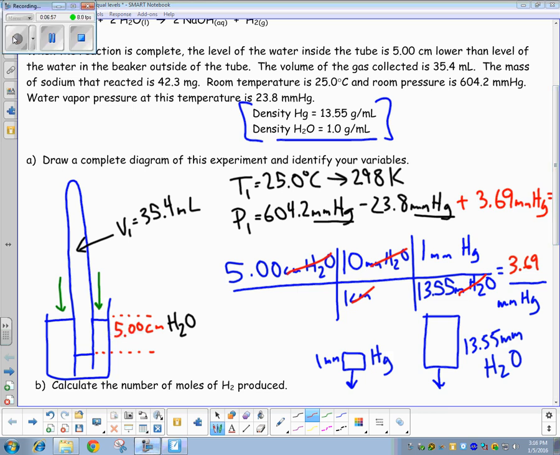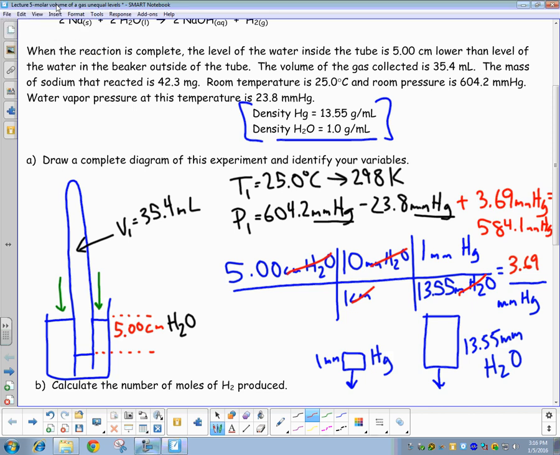So we're now ready to go ahead and get an answer for P1, which I calculated to be 584.1 millimeters of mercury. So we've identified our variables, drawn a complete diagram of this experiment, and really dealt with the most difficult part of this problem, which is identifying how to handle and translate the difference in centimeters of water to millimeters of mercury.